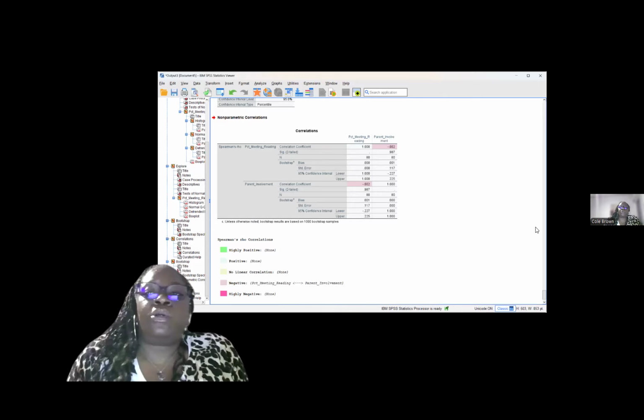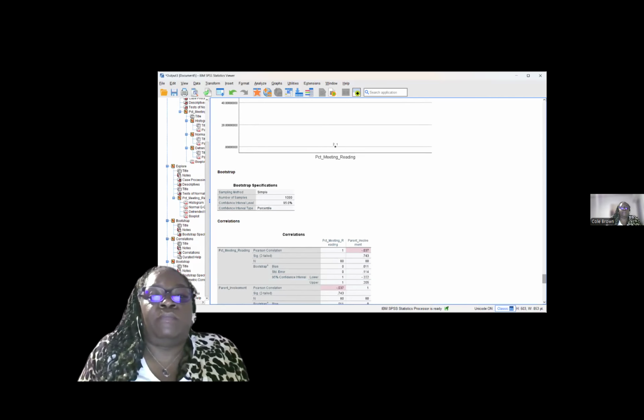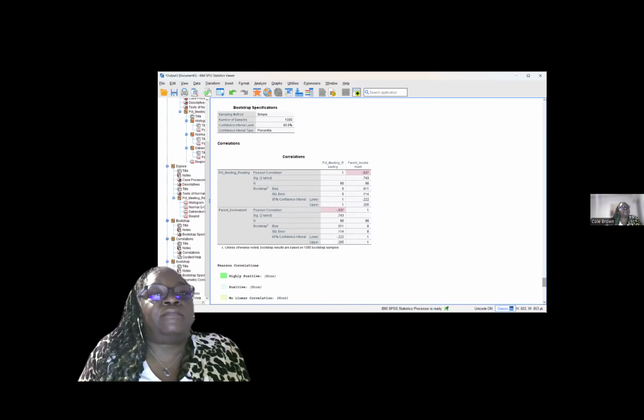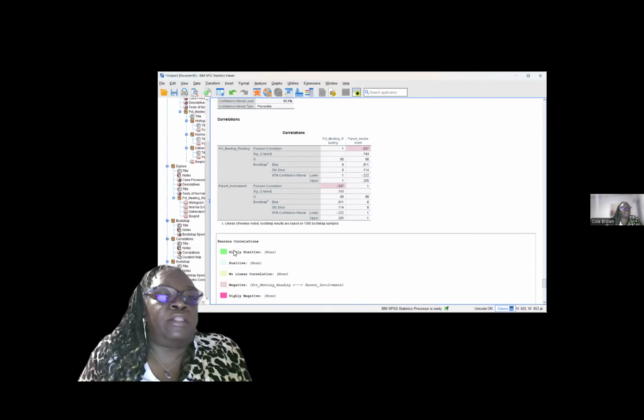We want to know what was that zero that we saw earlier, what did it mean? Specifically, when we ran the Pearson's correlation, or the Pearson's R, there were no highly positive, no linear correlation, highly negative.